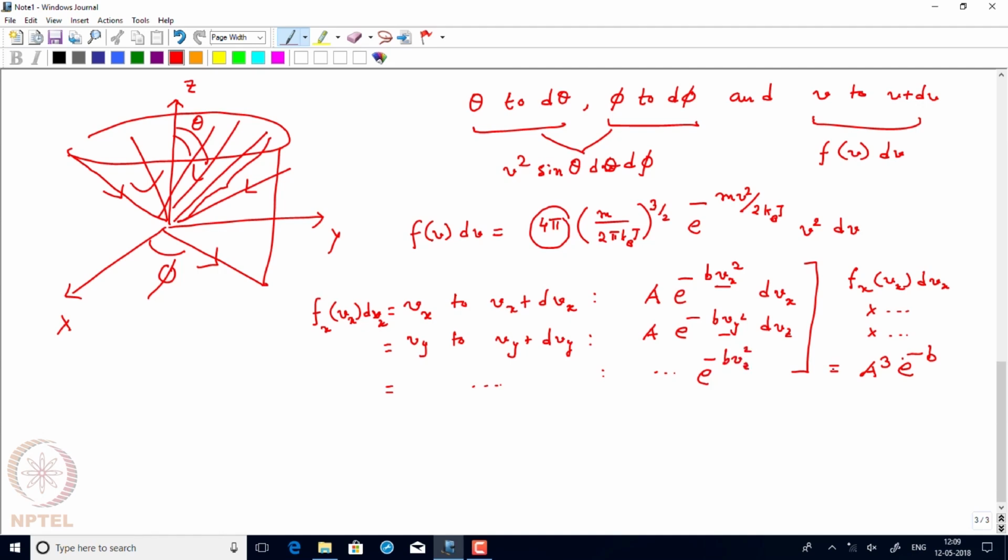Thus vx square plus vy square plus vz square gives v square, and you are left with a volume element dvx dvy dvz.